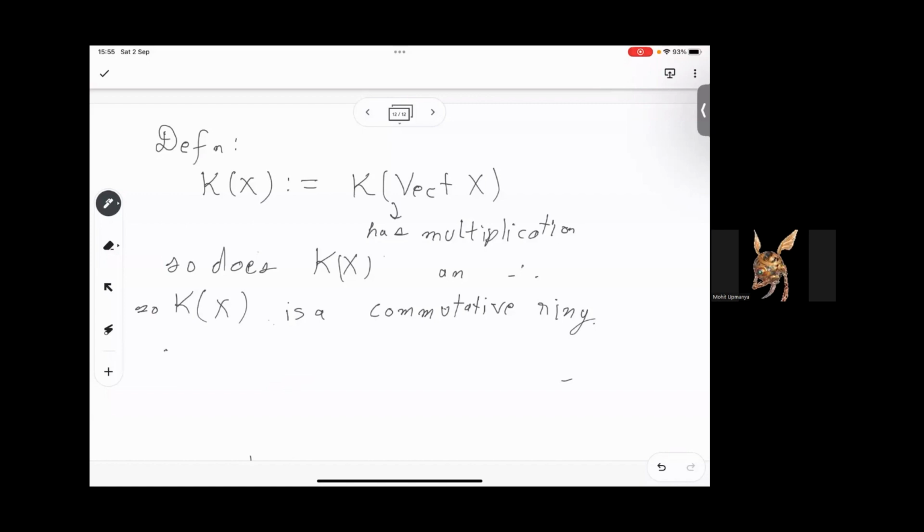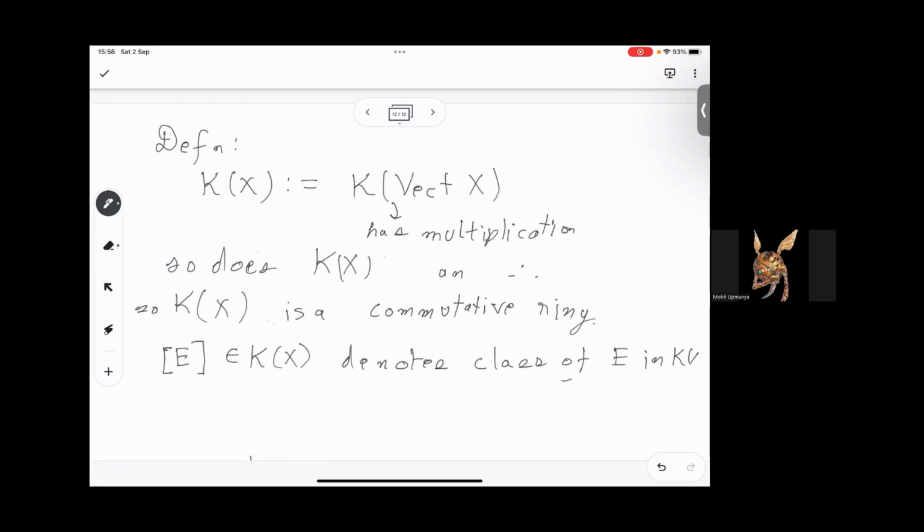So now some notation. The class of E, E in K(X), denotes the class of E in K(X).